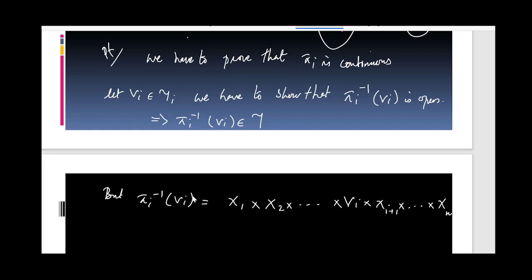Because it depends only on the ith coordinate; in all the remaining coordinates I can take X1, X2, etc. Now, will this be open? Definitely, right?